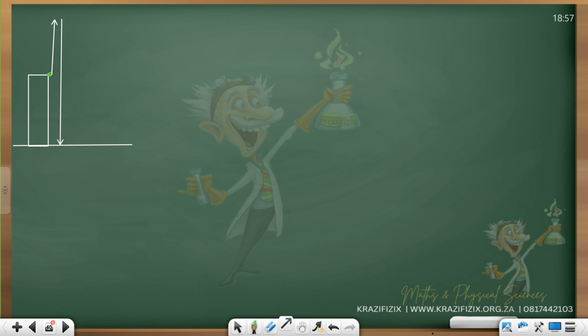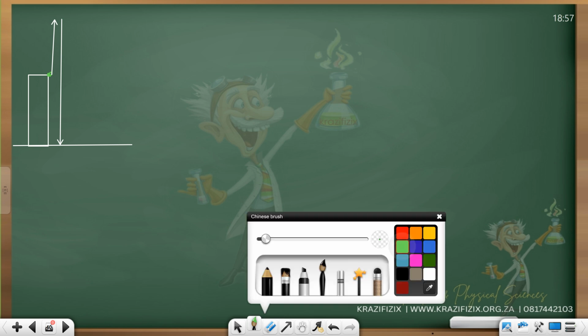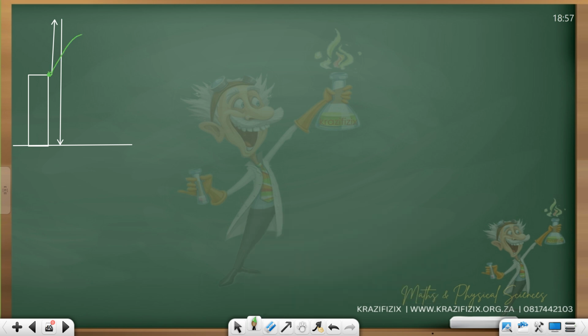But I want time to move. So if time is moving, what will my graph look like? Check this. This is a sketch. That's a simple sketch of A. By the way, once I do that sketch, do you know what I've done? Displacement time graph. Already done.